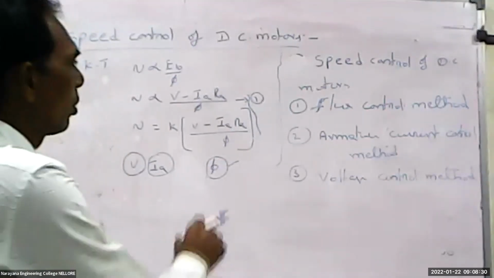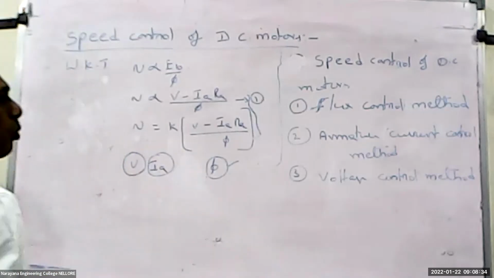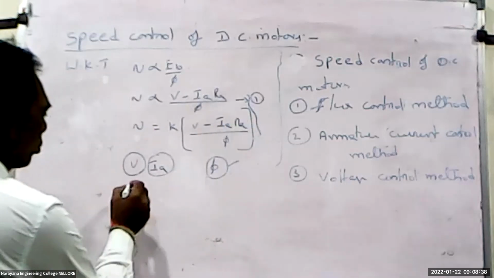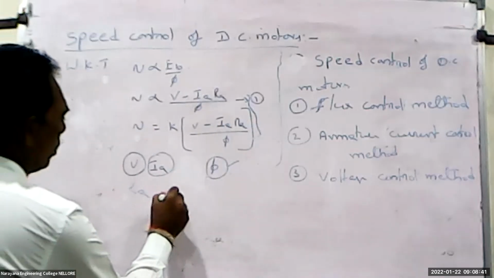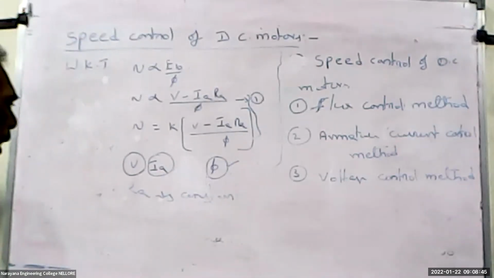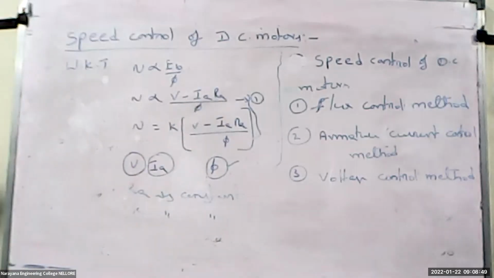Take the next snapshot for this one, then I will go for the remaining. Here Ra is constant and K is constant, so the remaining are variables. Take the snapshot, then I will go one by one.